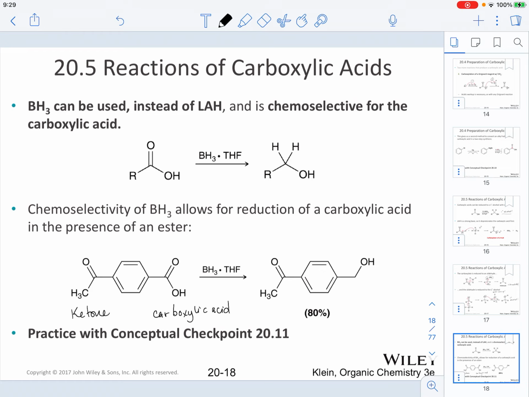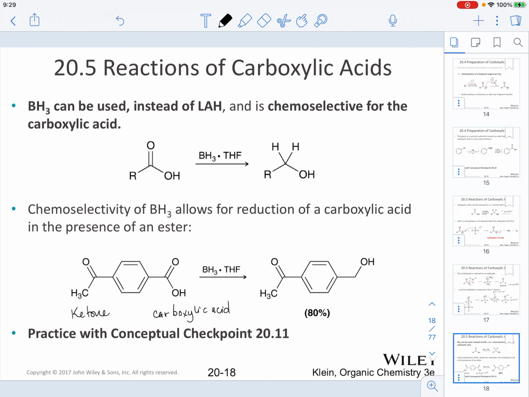Now, if we propose that in this molecule we were going to get to the alcohol via lithium aluminum hydride, it wouldn't work. The reason is because ketones can also react with lithium aluminum hydride, so it would not selectively reduce the carboxylic acid.